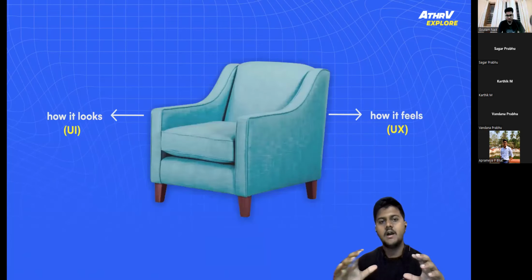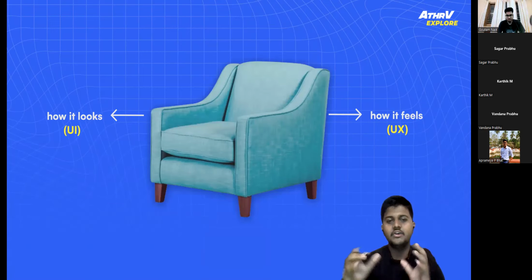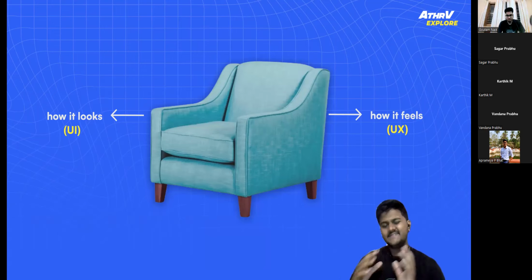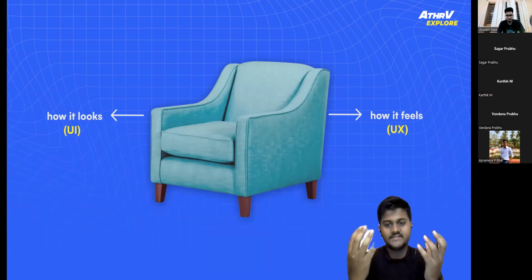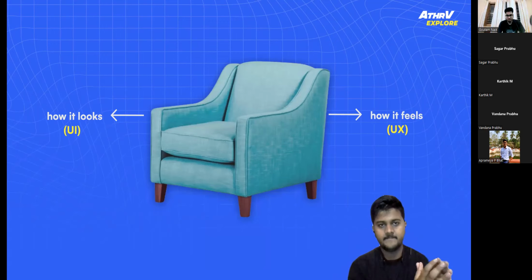Let's say a factory, like this is an analogy. This is not an exact meaning of UI. This is an analogy. So now let's consider a factory manufactures a blue color chair. So the looks of the chair, that is the color of the chair, how good are the stitchings, how neatly it is done, the looks, the appearances can be classified into UI, that is, user interface.